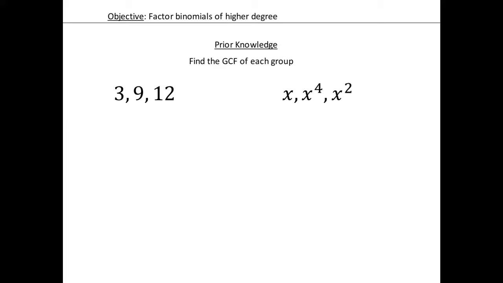Something else I want to review with you guys is the GCF. We will have to look at GCFs today as well. So back to your whiteboards. Can you guys tell me, well, do you guys remember what GCF stands for? Greatest common factor. So between 3, 9, and 12, what is the GCF? The factor. So what can you take out that they all have in common? Not multiple, but factor.